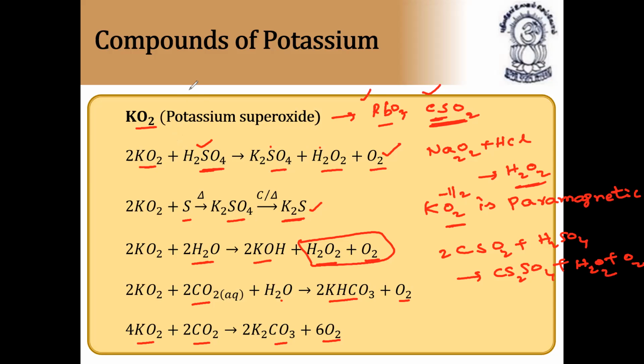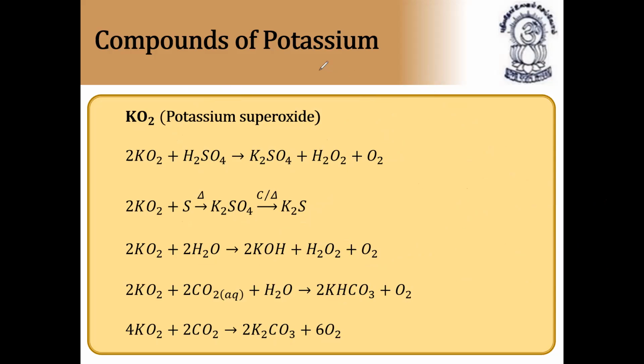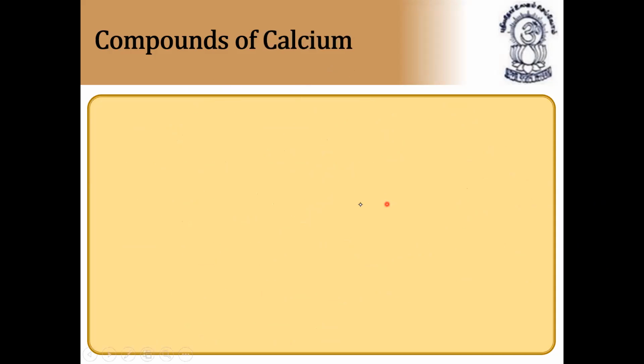What is the superoxide molecular formula? MO2 is called superoxide. In superoxides, the oxidation state of oxygen is minus 1/2. So all these reactions are very important. The byproducts are hydrogen peroxide and oxygen gas in superoxide, very, very important. Whereas in peroxide, the byproduct is only hydrogen peroxide, not the oxygen gas.